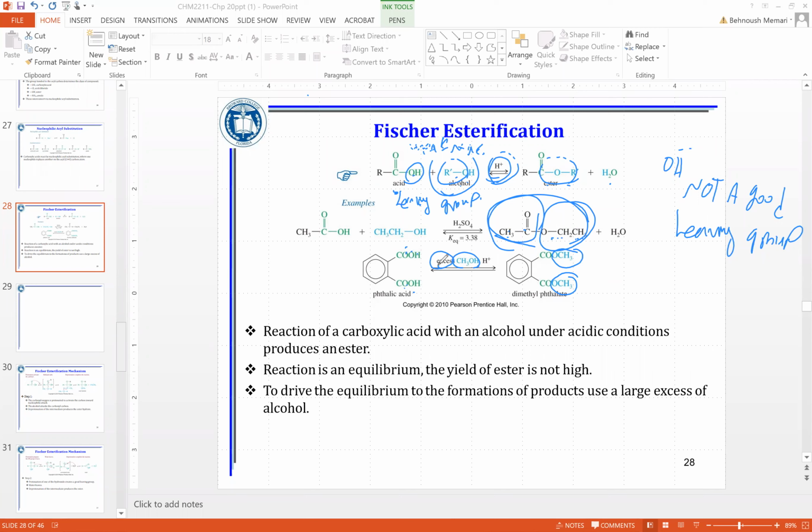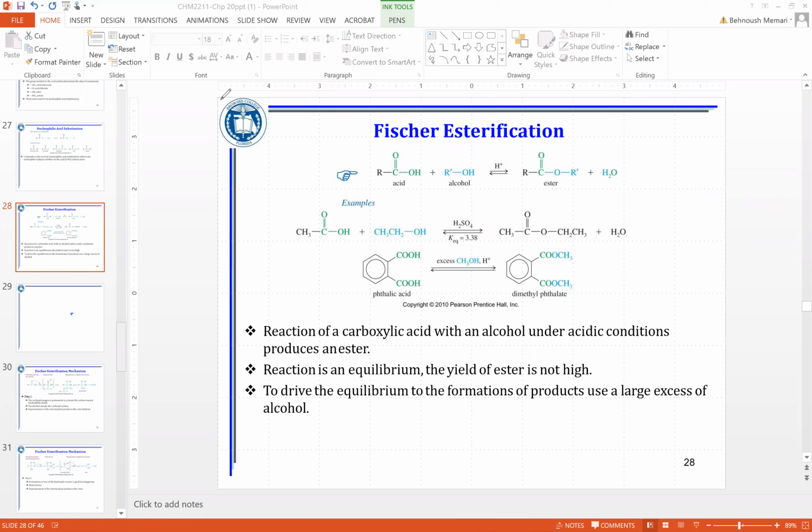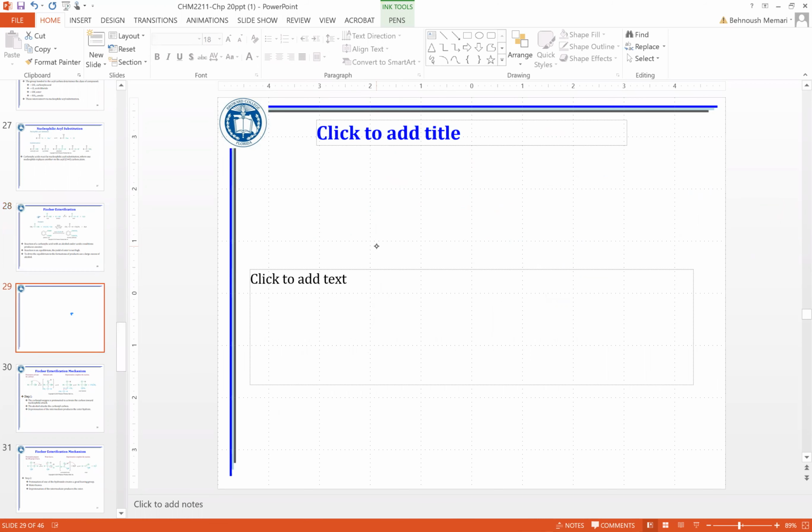Well, it's not just the carboxylic acid. It could be any acid derivative. Any of the acid derivatives plus alcohol can give you ester. So if you have acid plus alcohol, it would give you ester.